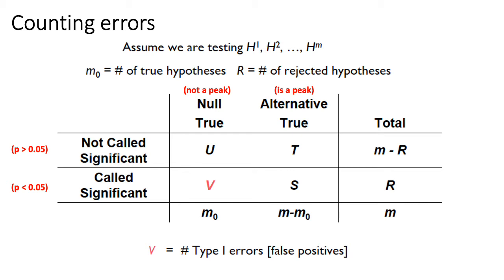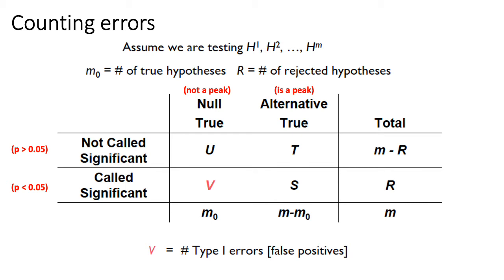And similarly, you can divide each of your hypotheses based on the ground truth: yes, I was taller than your average undergrad student, in which case the alternative hypothesis is true, or your null was actually true, which means I wasn't taller than your average undergrad student. And so this 2x2 table sums up all the possibilities in terms of whether or not you rejected your null hypothesis and whether or not your null hypothesis was actually true.